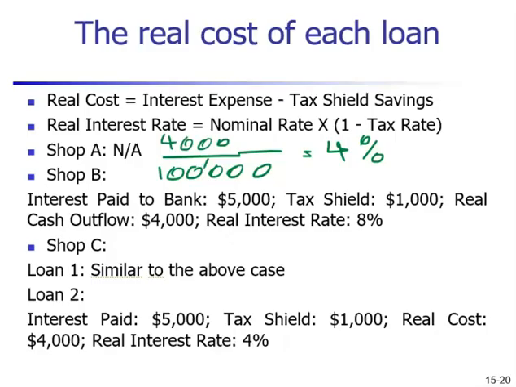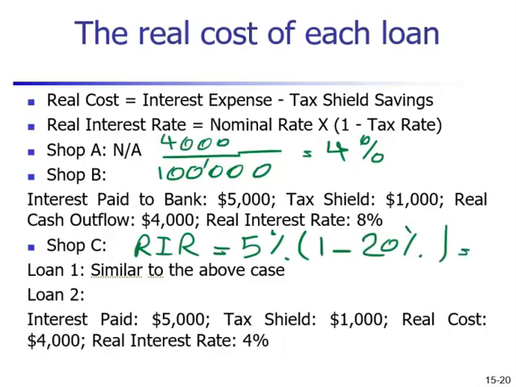And also let's use the formula that you see here. Real interest rate equal the nominal one. The nominal one was 5%. That was stated on our agreement with the lender. 1 minus tax rate, that is 20%.